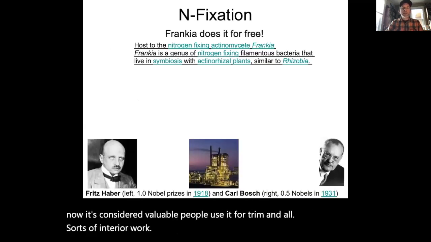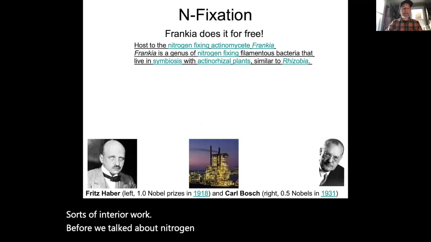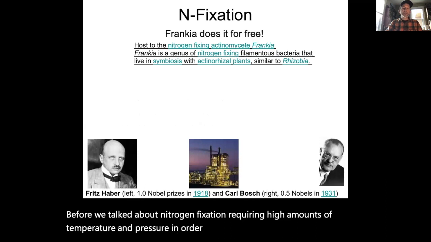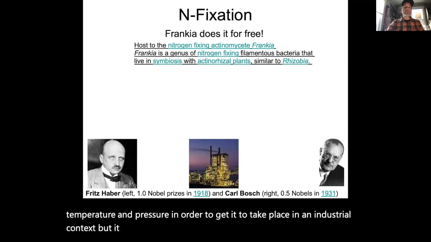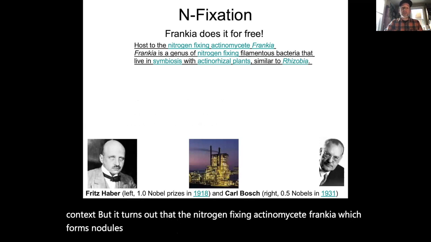Well, before we talked about nitrogen fixation requiring high amounts of temperature and pressure in order to get it to take place in an industrial context. But it turns out that the nitrogen fixing Actinomycete Frankia, which forms nodules in the roots of alder, can do this for free.